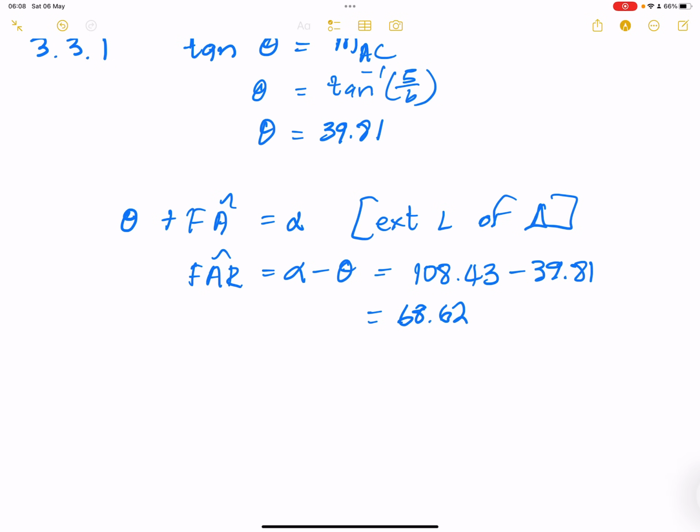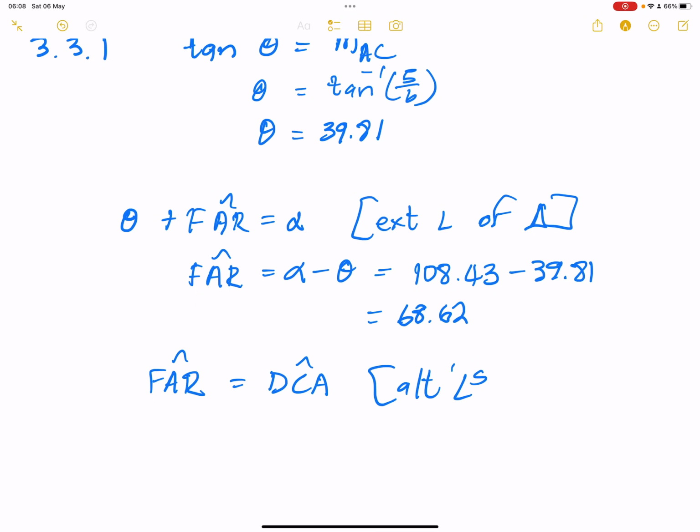FAR is equal to angle DCA, which is what they wanted us to find. We know that from alternating angles.